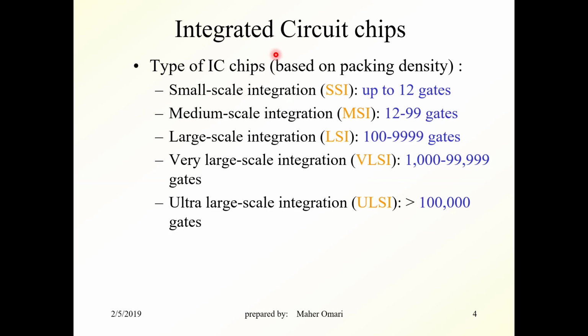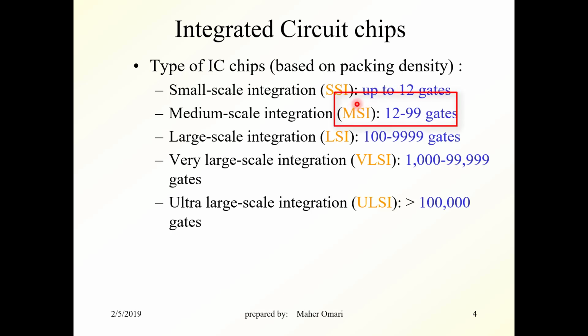Before we start designing logical circuits, we introduce some terminology. The integrated circuits are classified based on the packing density. ICs with up to 12 gates are classified as SSI devices. SSI is the abbreviation of small scale integration. So SSI ICs are integrated circuits that have up to 12 gates.